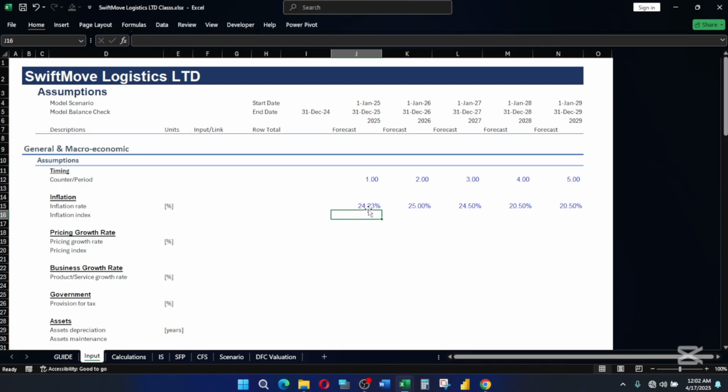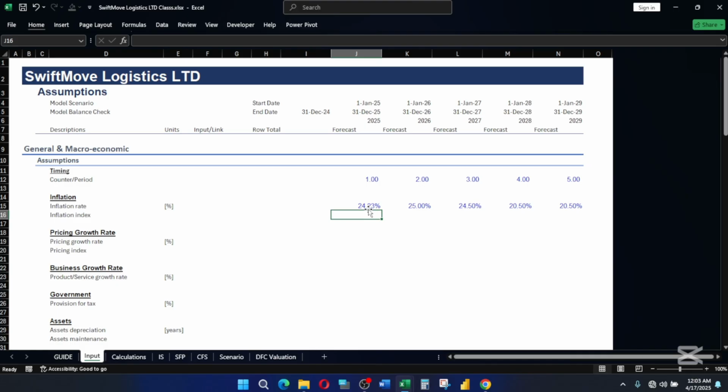Now the inflation index is what we are going to be using to do our calculations. The inflation rate is just a basis for us to have the percentage, but we are not going to use the inflation rate to do our calculation. We are going to use a portion of that inflation rate, which is the inflation index. So how do we calculate our inflation index?